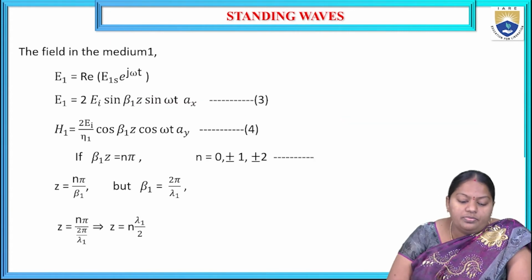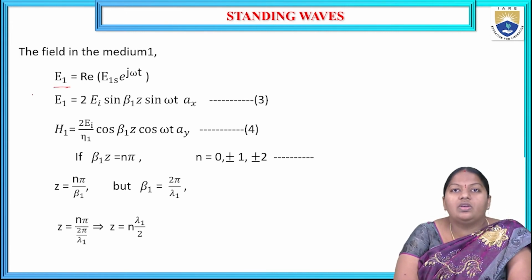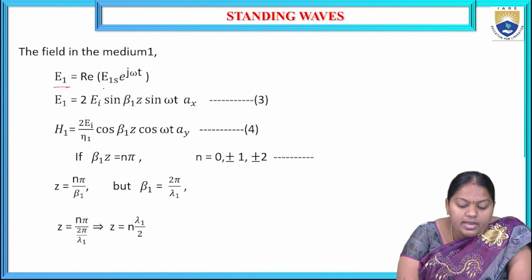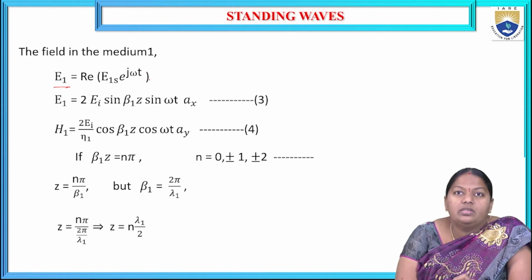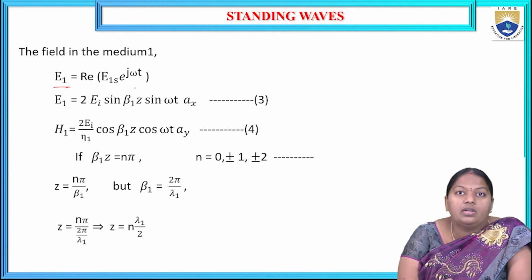So the field in medium one, E1, we have to express in the form of a magnitude function. Then E1 is equal to the real part of E1s e^(jωt). Why have we multiplied with e^(jωt)? In the previous equation we got an imaginary function; to get a scalar one, we need to multiply again with imaginary, and then imaginary into imaginary becomes a scalar.